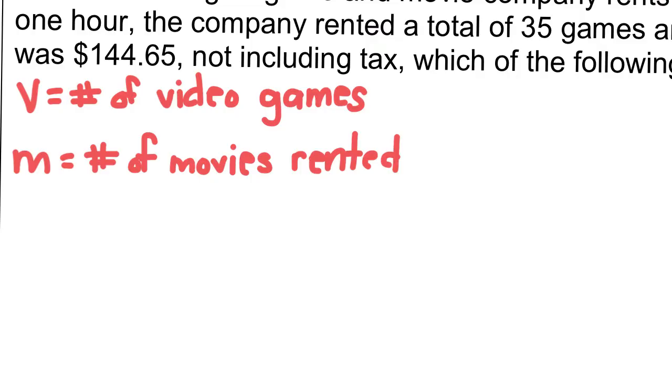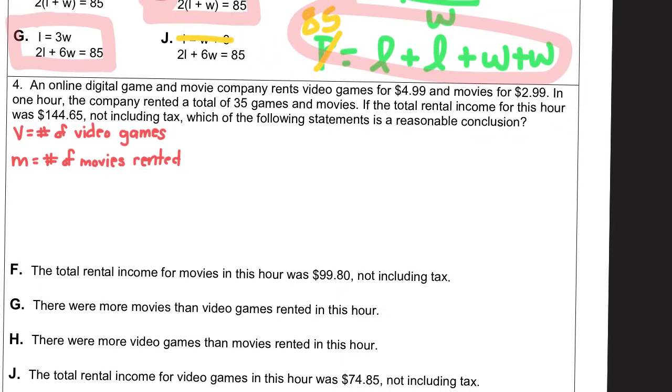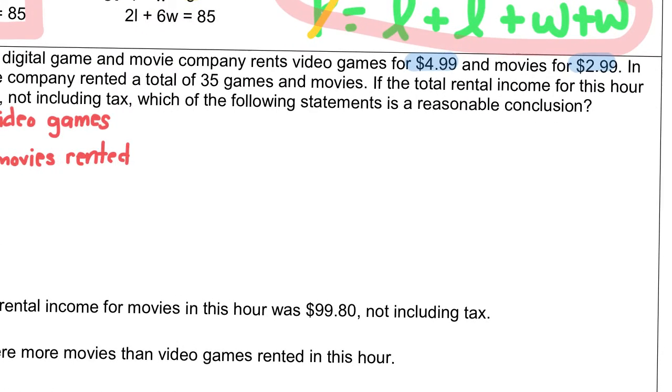Now let's look back at the scenario to help us write our equations. First, let's look at the first sentence. It says they rent video games for $4.99 and movies for $2.99. That has a value associated with it. Well, if the $4.99 is for video games, it would be $4.99 for each video game.